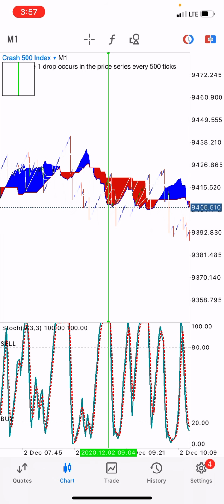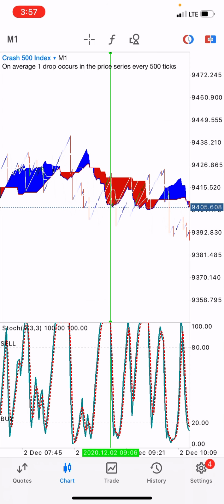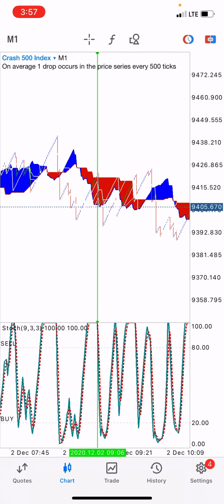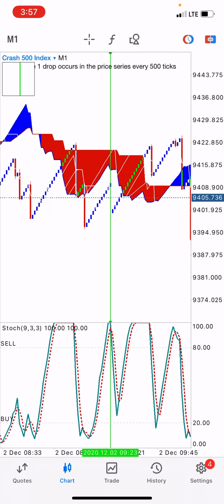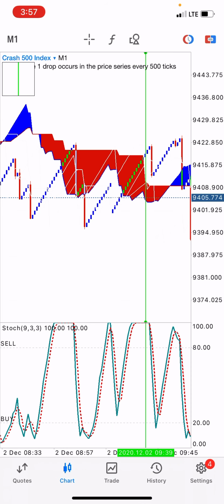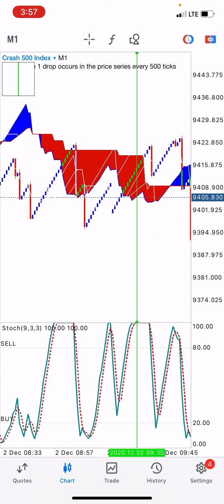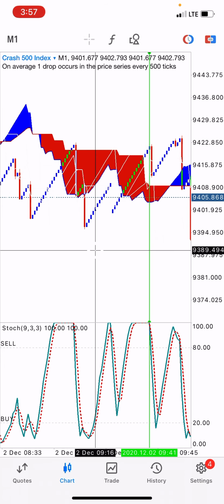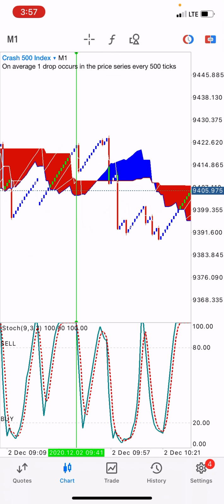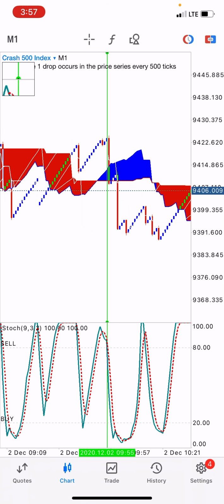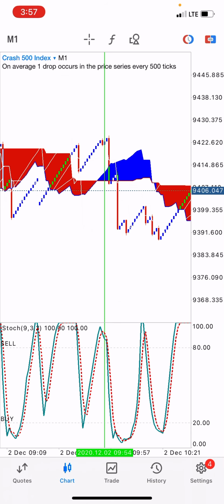You take your sell right here, you would have waited for 2 or 3 candles. You would have caught this spike here, and again, this one here. You would have waited for 4 candles. You would have caught this spike here again. This spike here.